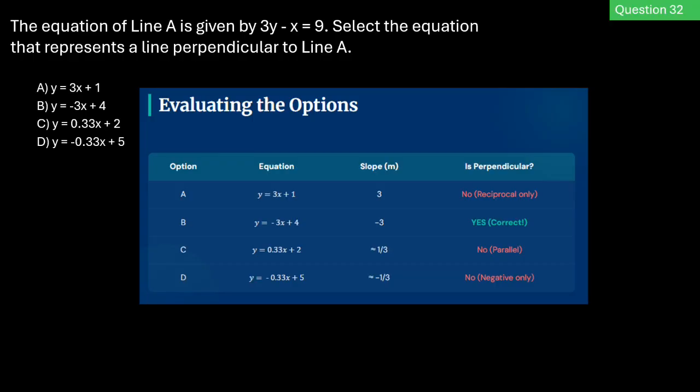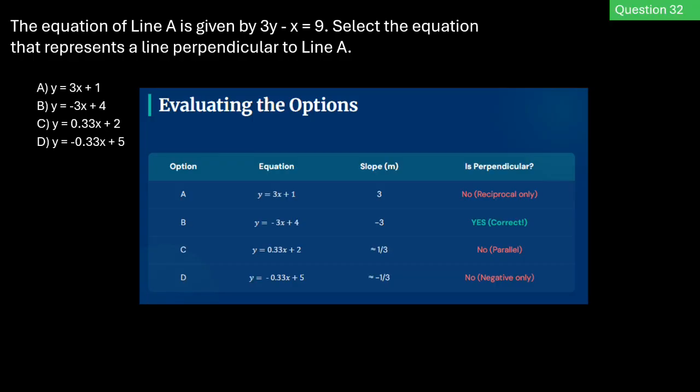Let's look at our choices to find our geometric match. For option A, y is equal to 3x plus 1 gives us a slope of +3. This is just the reciprocal, missing the negative sign entirely. For option C, y is equal to 1/3 x plus 2. This has a slope of 1/3.